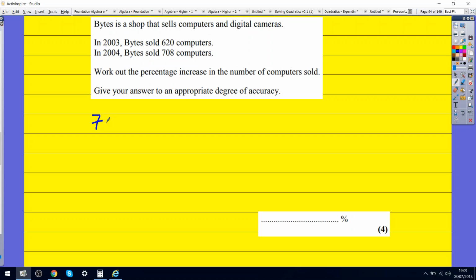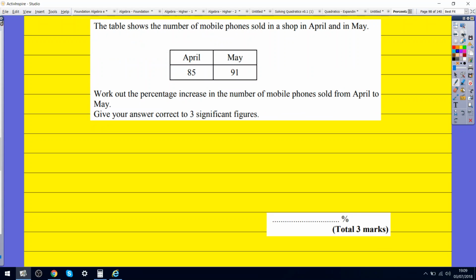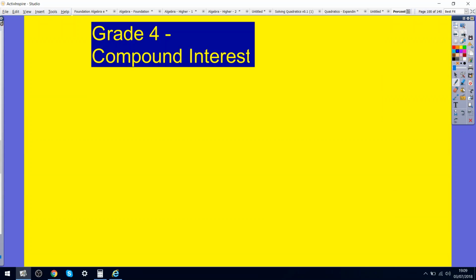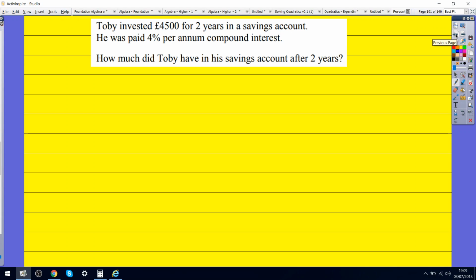Do they want it as a percentage? Let's say to one decimal, please. So that would be 0.14, which is 14%.